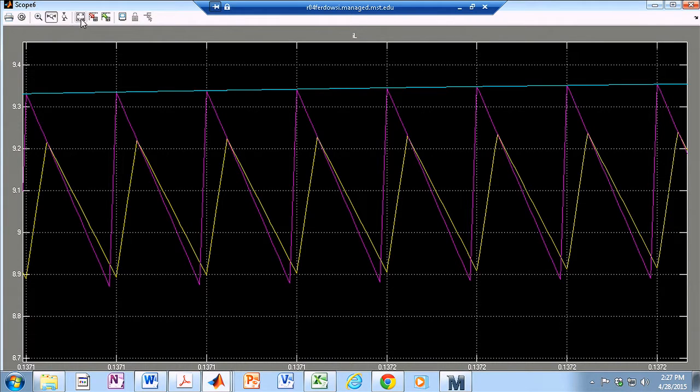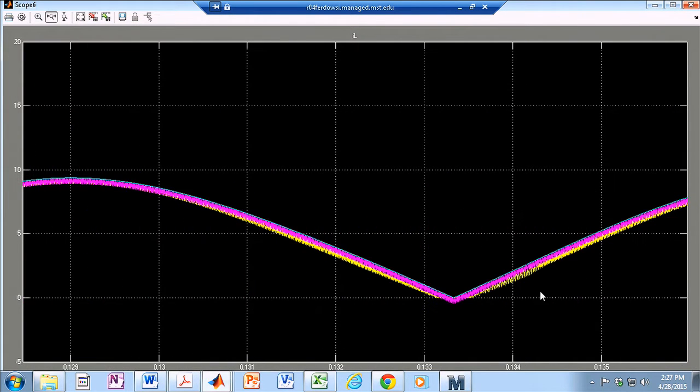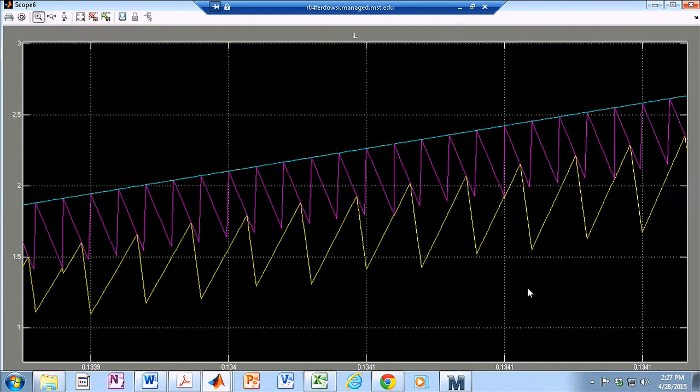Now, when my input voltage is large, no problem. We don't have any subharmonic oscillations. However, when the input voltage is small, let me zoom in, for instance, here. Therefore, your current is supposed to be small. You can see that you have subharmonic oscillations.